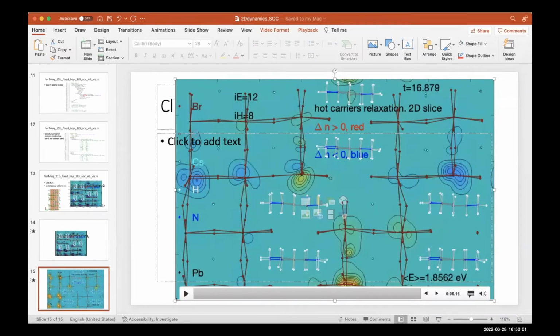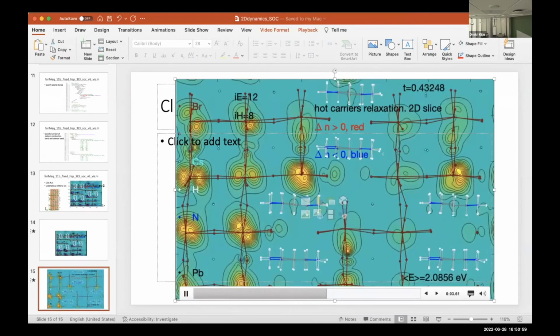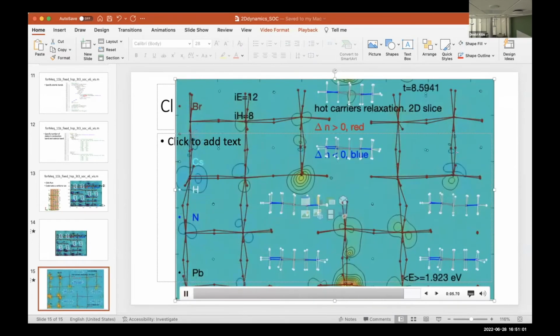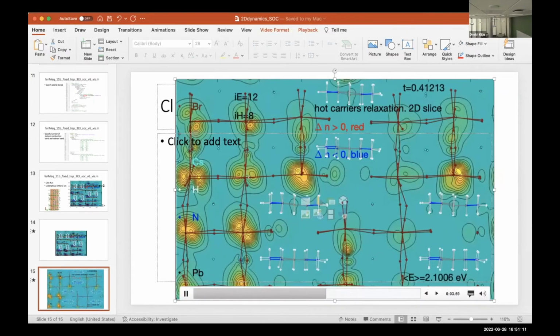How do you interpret charge transfer in this video? So as the video plays, it's time moving. So you can see that the charge is changing here as time goes on.